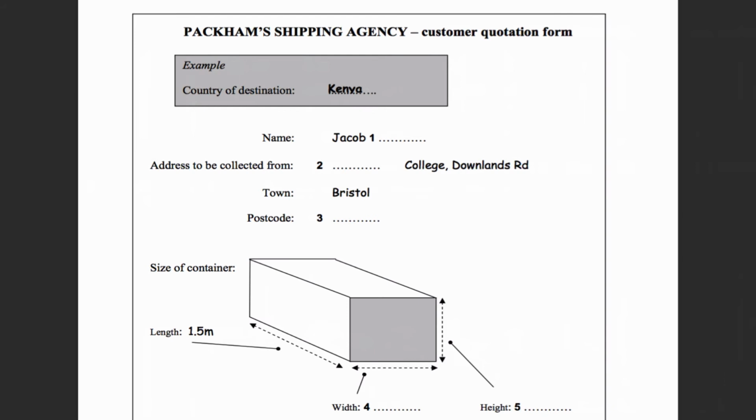It's Westall College. Is that W-E-S-T-A-L-L? Yes, college. Westall College. And where's that? It's Downlands Road in Bristol. Oh, yes, I know it. And the postcode? It's BS8 9PU.